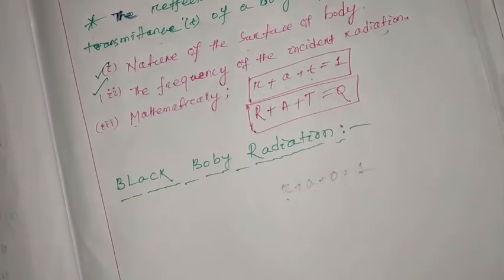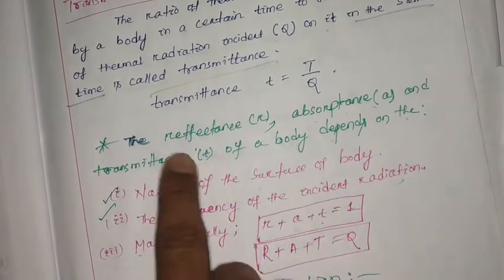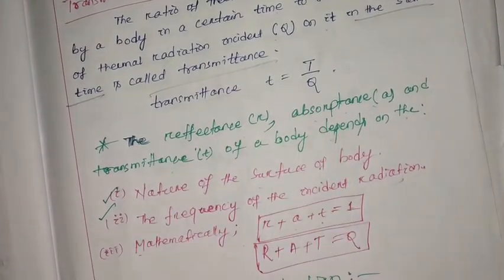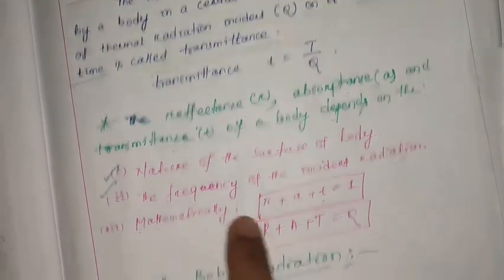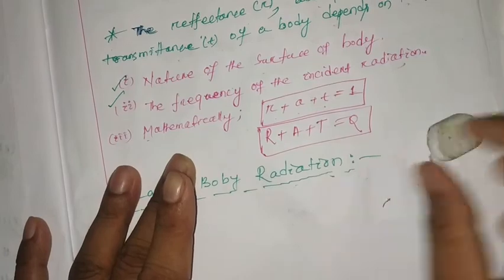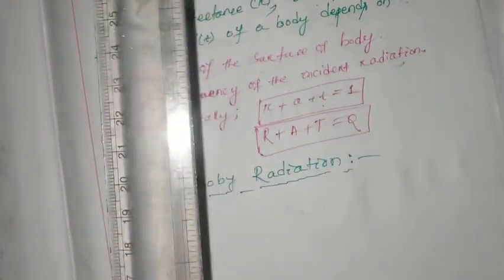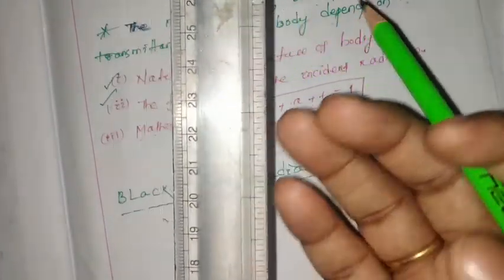Hence, reflectance, absorptance, and transmittance depend on the nature of the surface, and also on the frequency of the incident radiation. Why the frequency of the incident radiation? Suppose this is your white light, or radiation of a particular frequency.